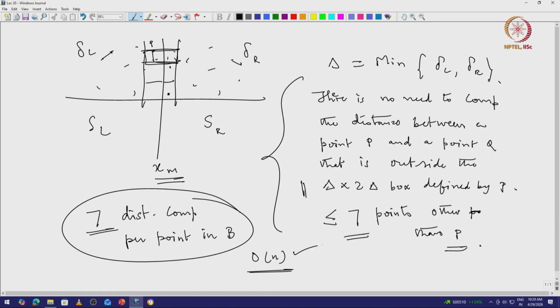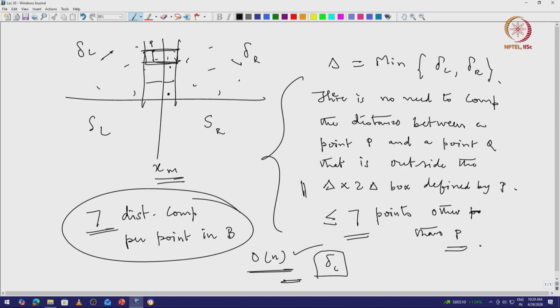So, I will solve the computation of delta C in order n time. This is a significant improvement. Therefore, I have to figure out what points we have in the delta cross 2 delta box.